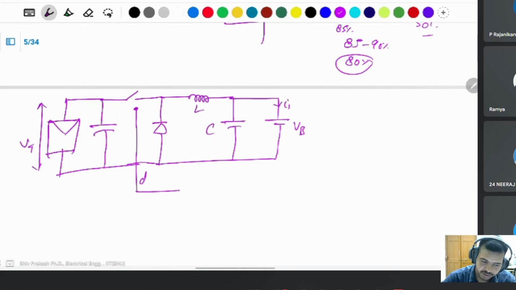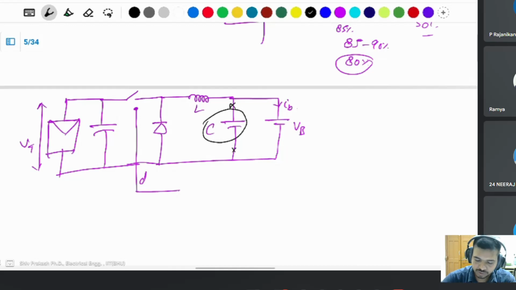Current of IV. Here you can connect a capacitor or disconnect it, because the battery also works like a capacitor, a bulky higher rating capacitor.